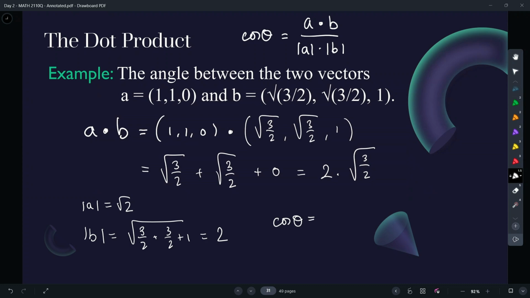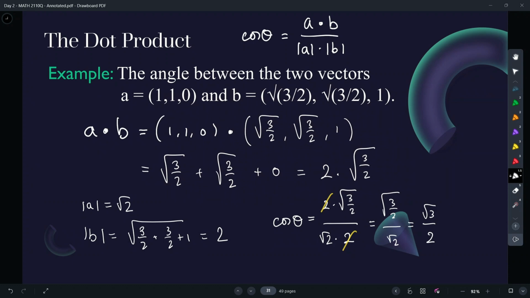The dot product is twice the square root of 3 over 2, and then I have the length of A times the length of B. The 2's are going to cancel out, and what I get is the square root of 3 over 2 divided by the square root of 2, or if you simplify that, the square root of 3 divided by 2.